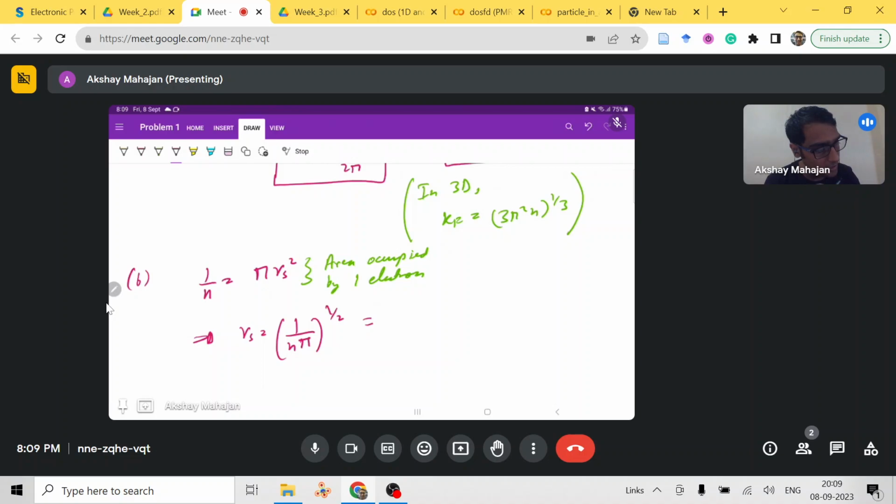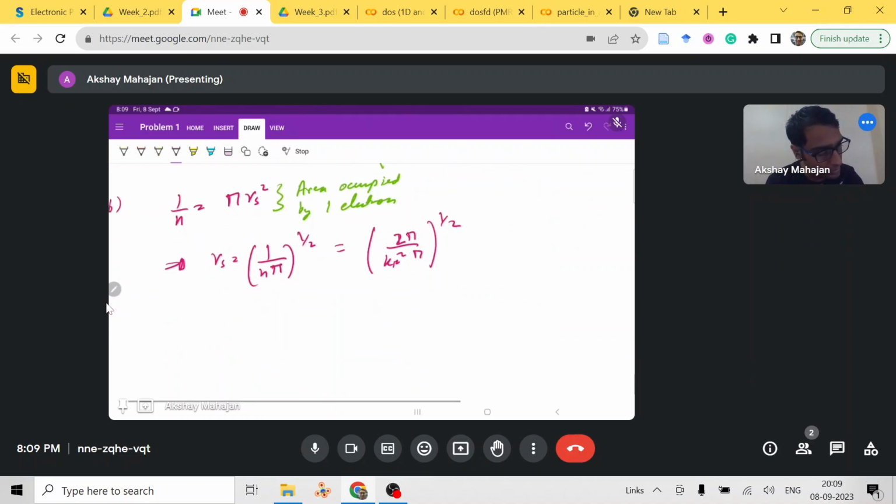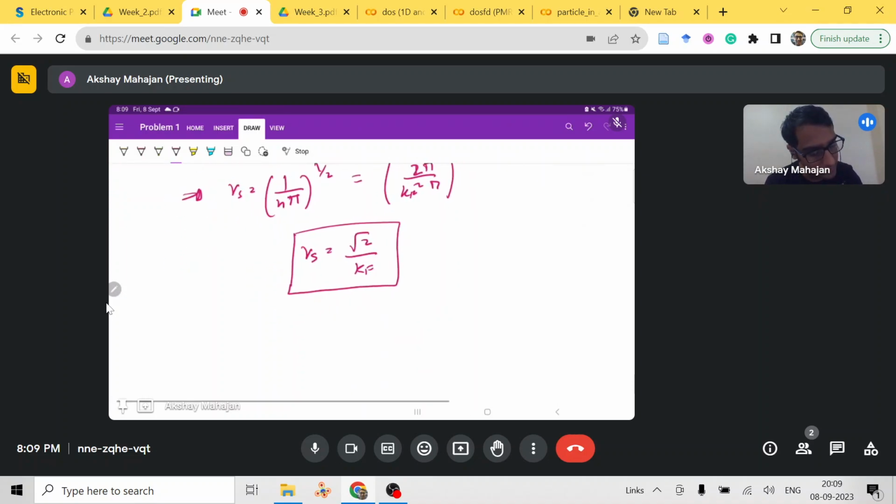We have already found the relation between n and kf, so I can write n as kf square upon 2 pi. After cancellation, we can see that rs is root 2 upon kf. This is our part B.